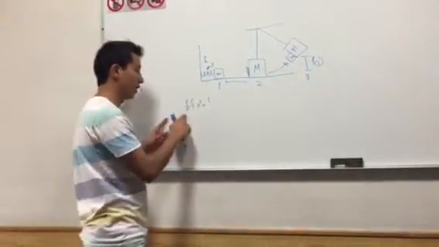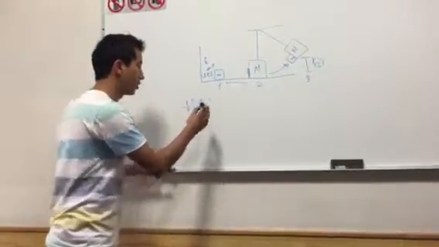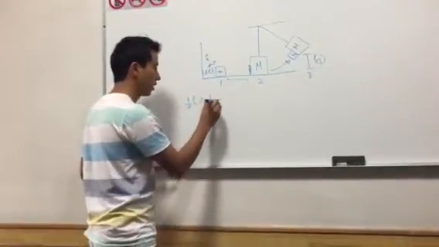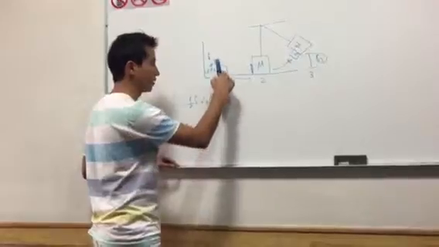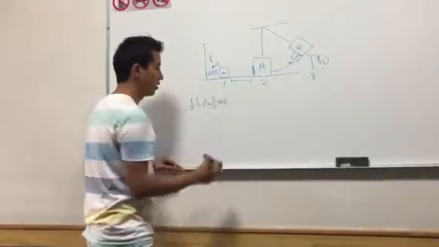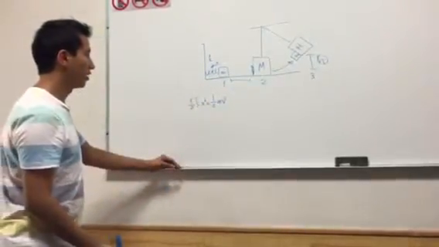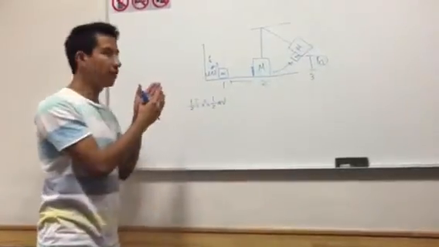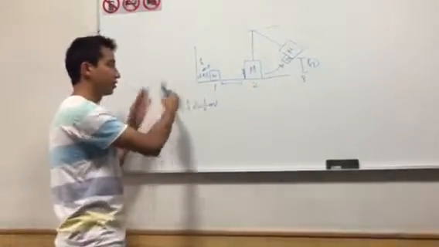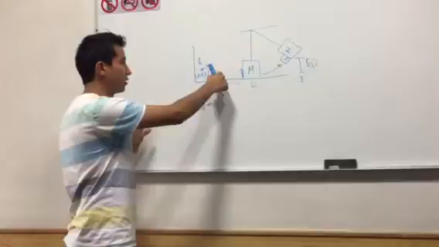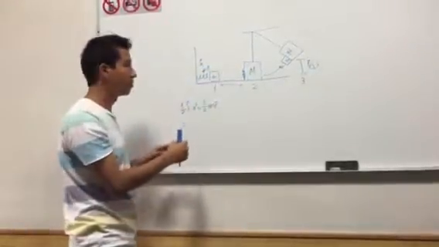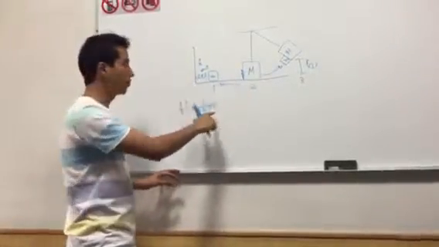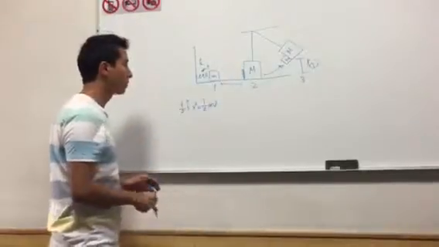So we have half of k times x squared equals half the mass of the block times velocity squared. So the mass is compressing the spring, and after this is going to be released, and the mass m is going to slide through the surface with a velocity v.